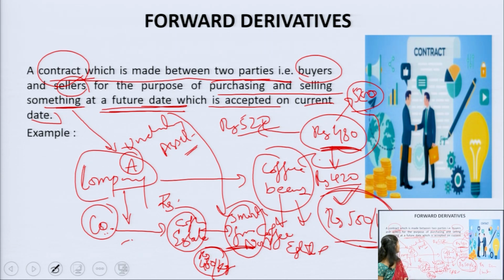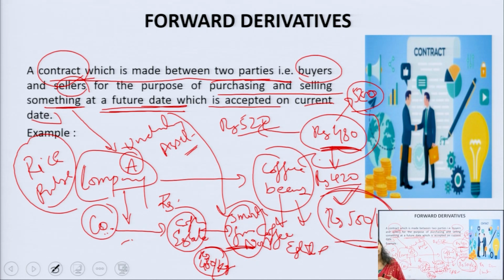So this can't be traded on an exchange. We are talking about here that they can deal in agriculture commodities, like they can trade in rice also, pulses also, all these can be involved with respect to this derivative contract.